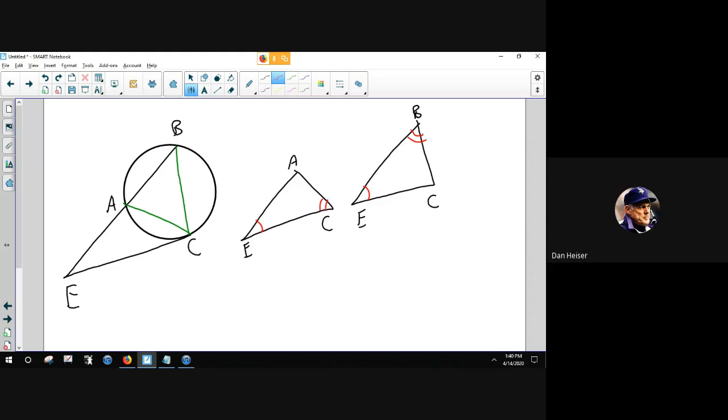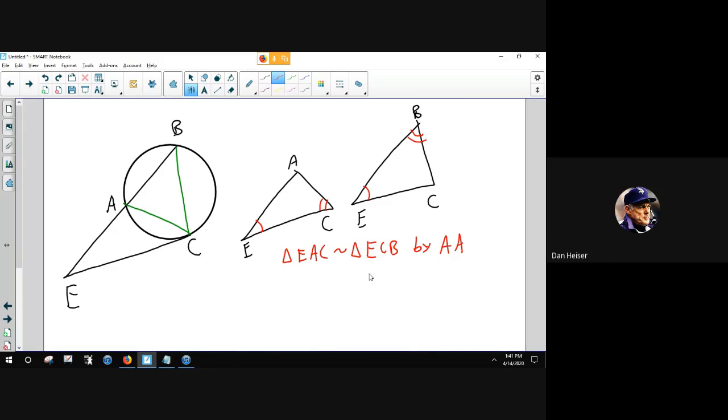These are the two angles that are going to be the same. Now we have two similar triangles: triangle EAC, triangle ECB, by angle one more time.